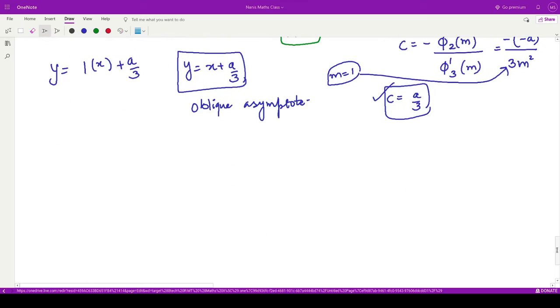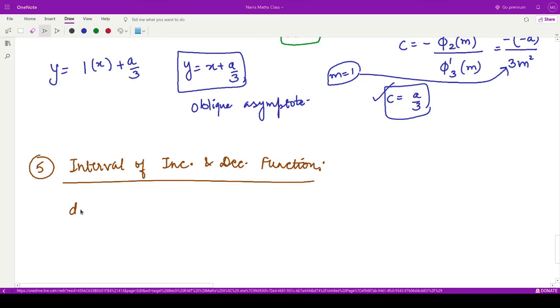So the fifth point is the interval of increasing and decreasing function. So for that, we just evaluate the first derivative of this curve y.